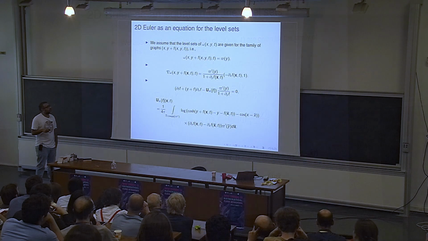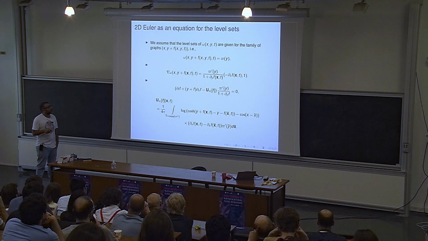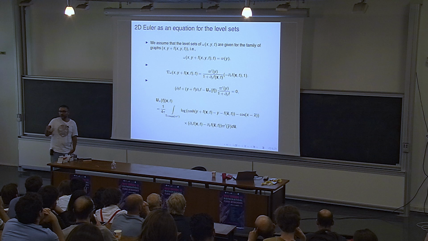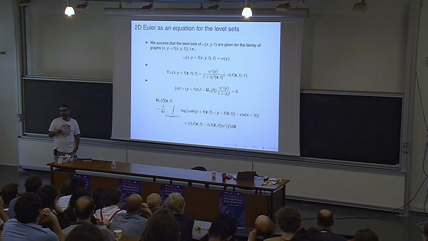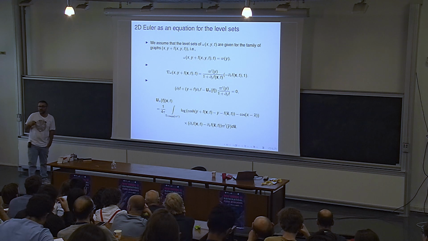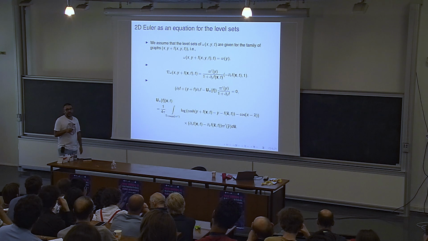We assume that the level sets are given by a family of graphs. Then the vorticity along these families of graphs is equal to a function, a profile varpi, that just depends on y. One may think that this profile should also depend on time, but because of the transport character of the equation for the perturbation omega, we can assume that this profile is time independent.